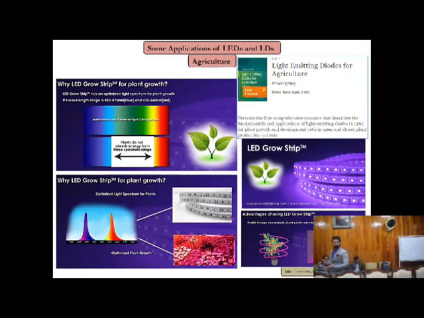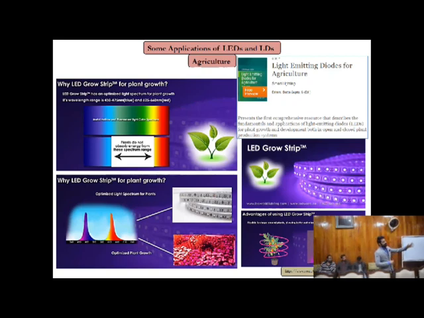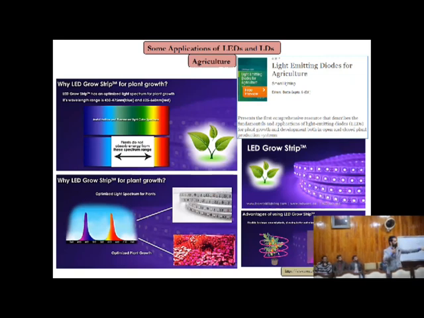Agriculture. So vertical farming, smart agriculture, different terms used for the same thought. So you see, for example, we have these LED strips. Plants do not require the entire strip. Not every plant requires all the spectrum to grow optimally.